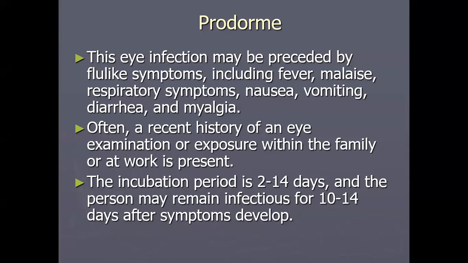The incubation period of this disorder is 2 to 14 days. That is, once a person has conjunctivitis, the other can get it within 2 to 14 days. And a person remains infectious to others for 10 to 14 days. The incubation period is different from the infectious period.